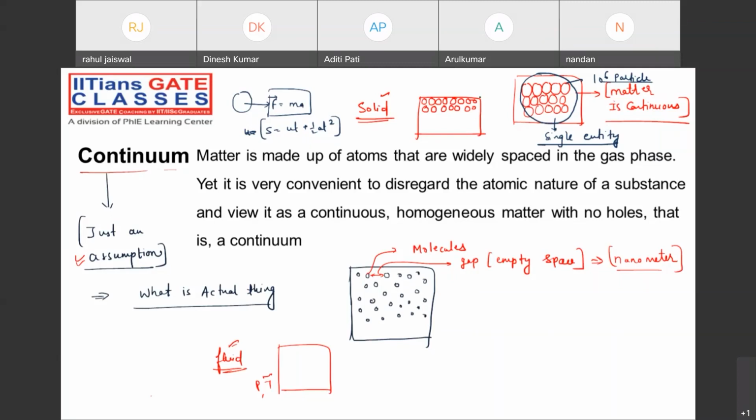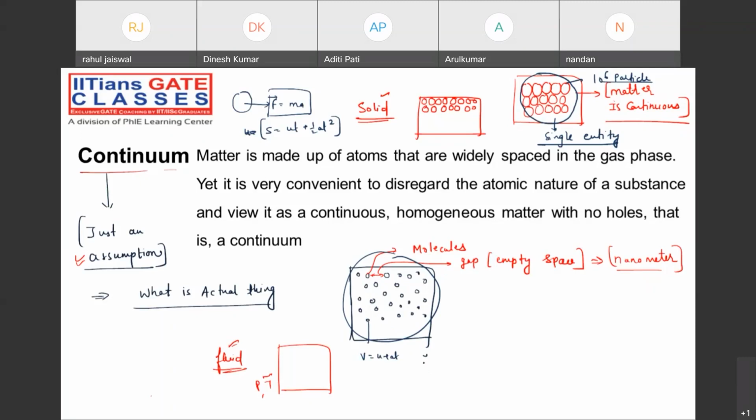Otherwise, what will happen? Just imagine the situation when the concept of continuum is not valid. Then you can see the gap. When you see the gap, you cannot directly treat this complete particle as a single entity. In that case, what you need to do? For a single particle, apply v is equal to u plus at.